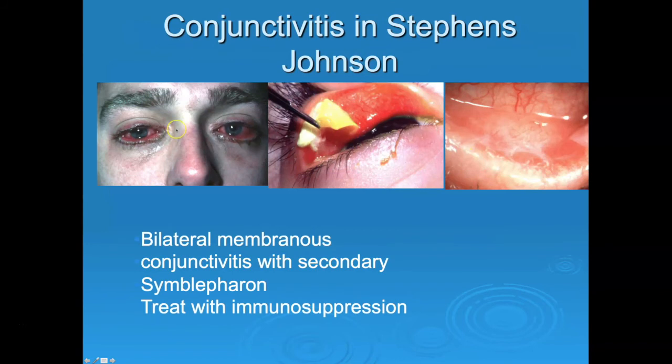It's associated with a conjunctivitis, and so you should perform a skin survey if you suspect Stevens-Johnson syndrome. Sometimes you can get this very nasty woody discharge, which requires surgical removal.